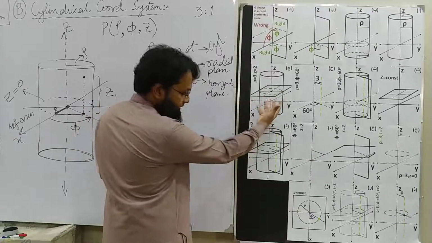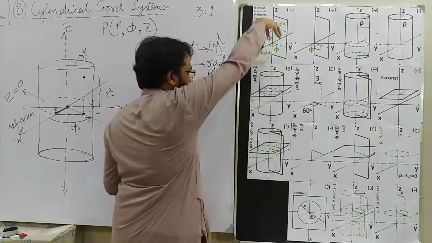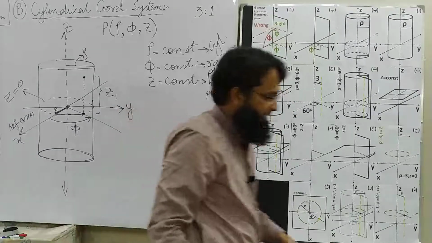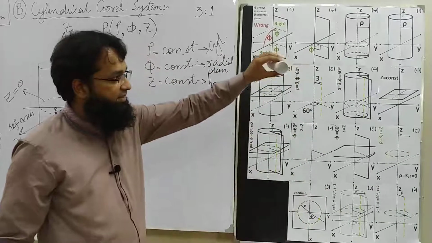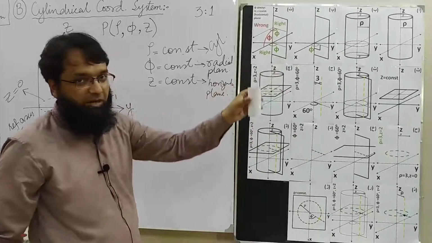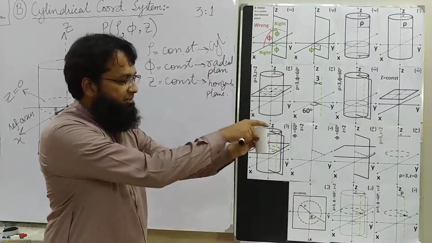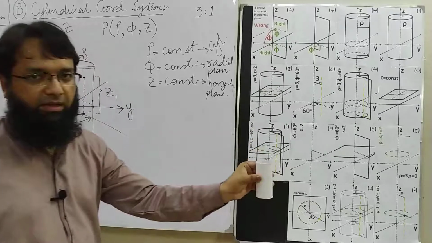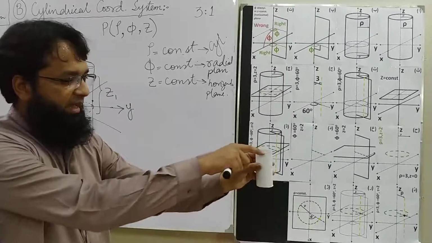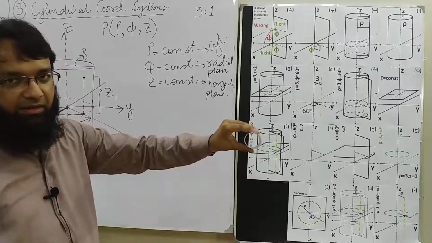Because we are looking at a 3-dimensional view, this circle appears a little elliptical. If you see it from the top, you will see a circle. This is a perfect cylinder, but if you see it from here, it can be seen as an elliptical surface, although it is a perfect circle.